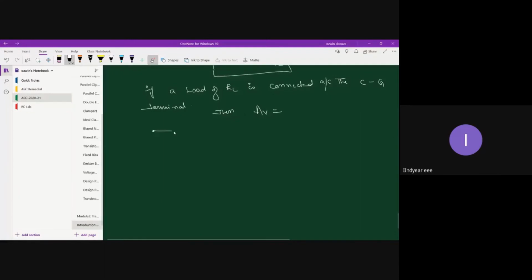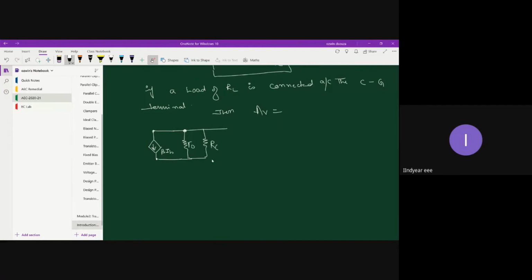It's something like this. Just redrawing the output circuit scenario. So this is your beta IB, this is your R0, and this is your RC.